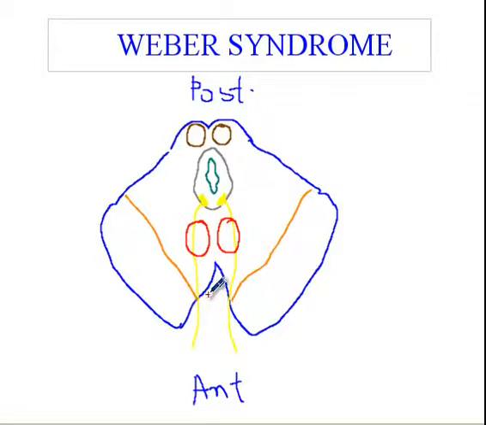If you look at the axial section of the midbrain, let's review some of the structures. This part up here is the tectum. Between this structure and this here is the tegmentum.